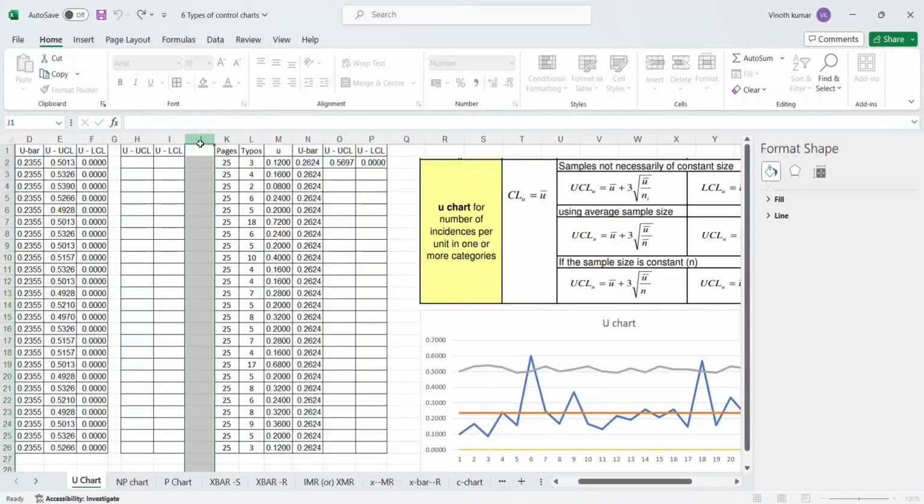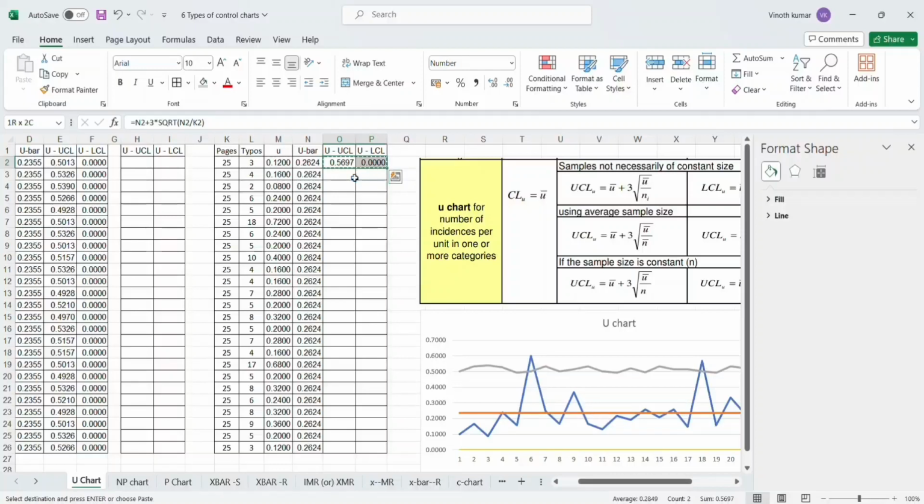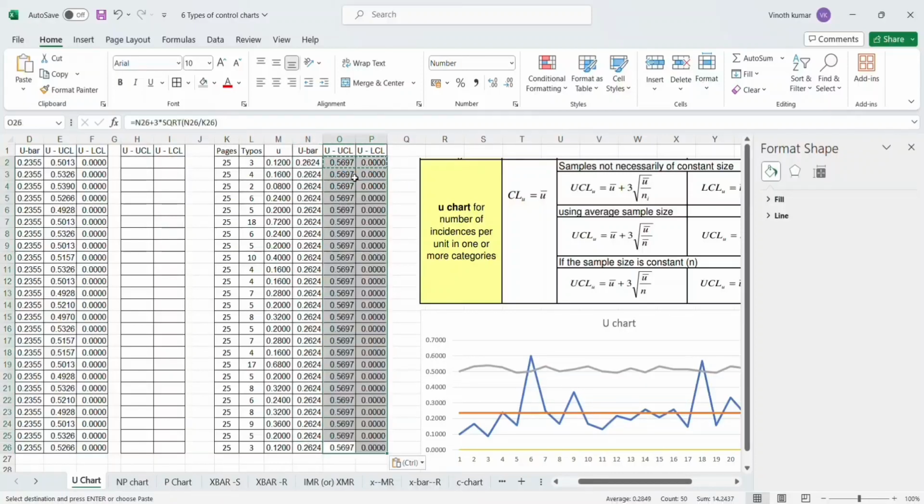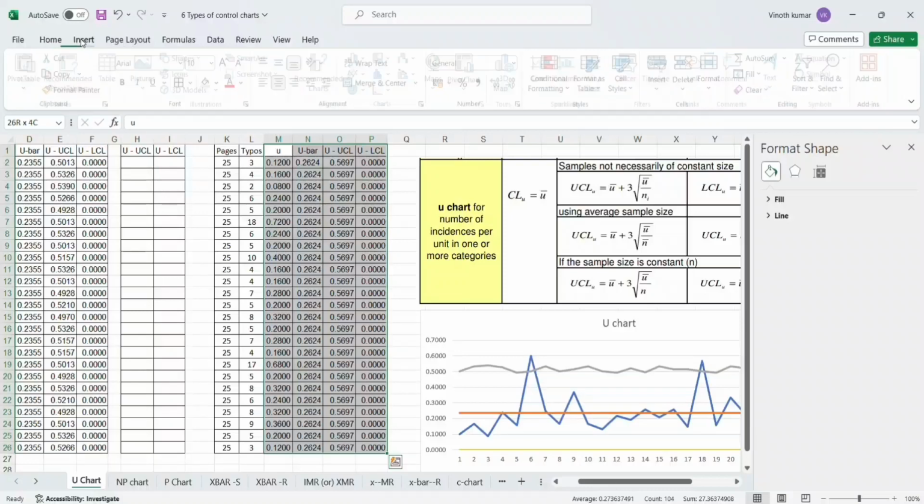Now we are going to copy paste this formula till the end, and because our number of pages is fixed, we will end up getting upper and lower control limits which are not fluctuating. Now I can draw the chart by selecting these options and going to graph.